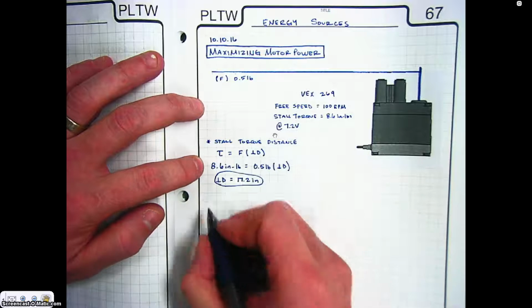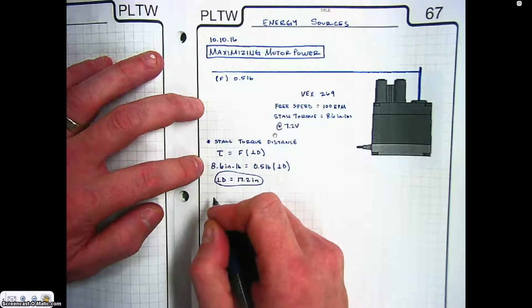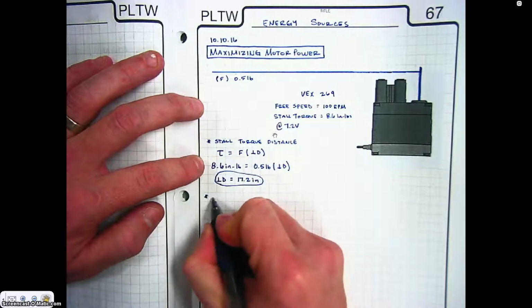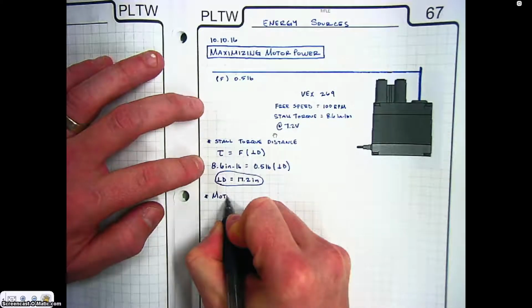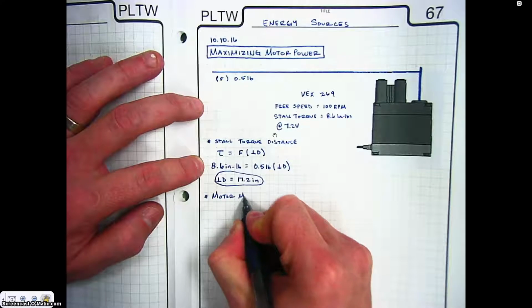Let's figure out what the maximum power distance is. We're going to calculate the distance for the motor at maximum power.